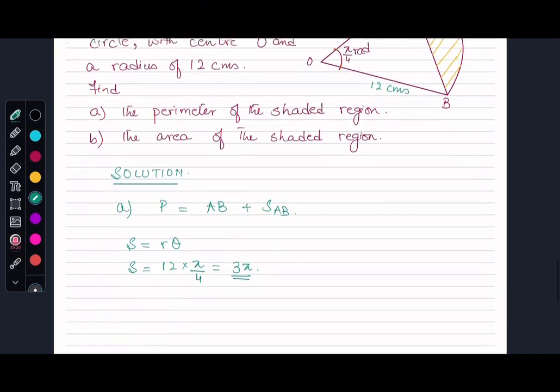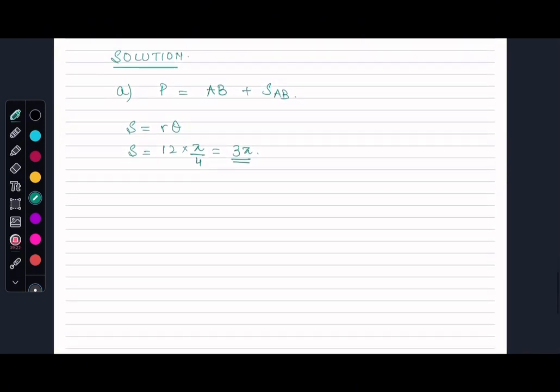To find AB, what I can see here is that AB gives me a triangle OAB for which we know the two adjacent sides, OA and OB, they are 12, and we know the angle here, which is pi by 4.